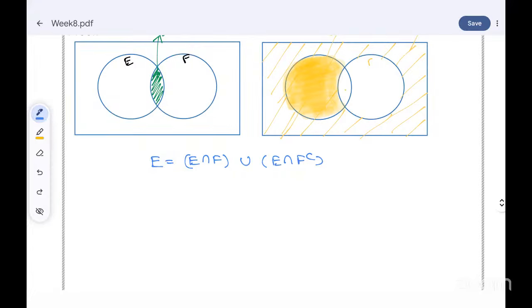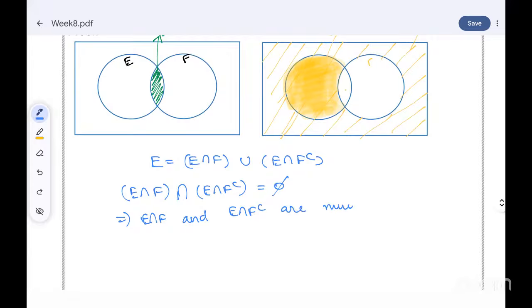If we take the intersection of the two, it is empty, meaning no elements are there. So E intersection F and E intersection F complement are mutually exclusive.